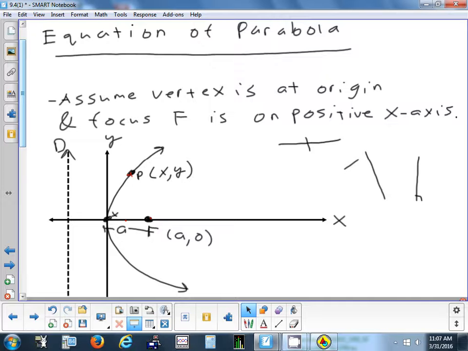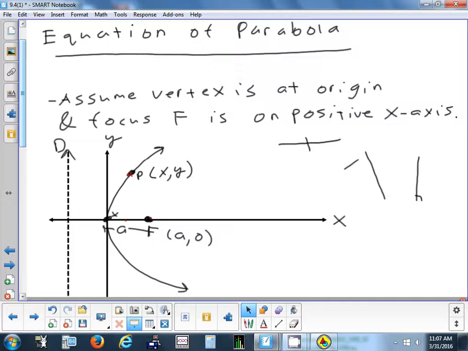And I don't know how far to the right to put my focus, but I know it's on the positive x-axis. So any point that's on the x-axis would have to have a y-coordinate of what? 0. Okay, so I know that. So there's the coordinates of my focus. I went to the right a units.